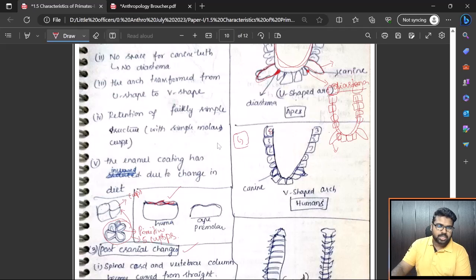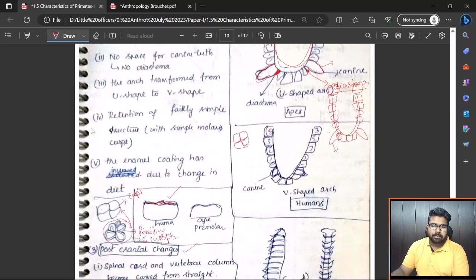I'm just going to draw one tooth for you so that you can notice it. You can also go and look in the mirror. Generally, in case of us, wait a second. In case of humans, this kind of cusp structure is there.